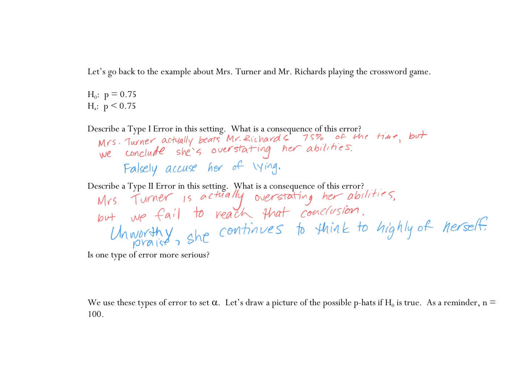Which type of error, in your opinion, is more serious? Probably type 1. You guys are students. Falsely accusing a teacher of lying will not bode well for you. Letting them continue to think too highly of themselves is just fine.